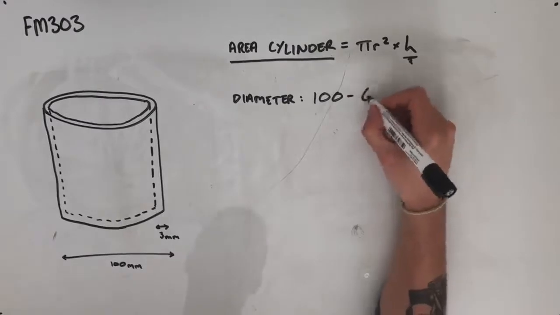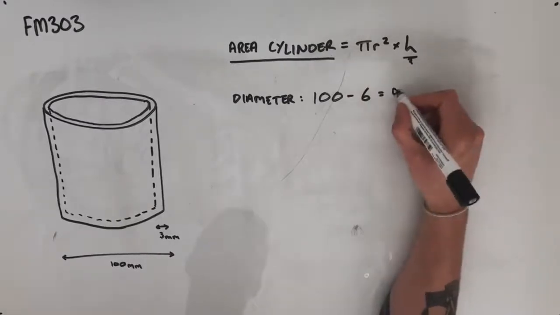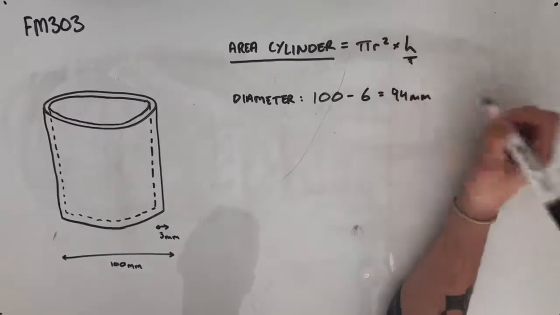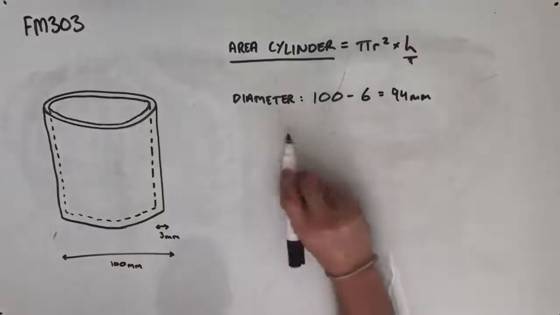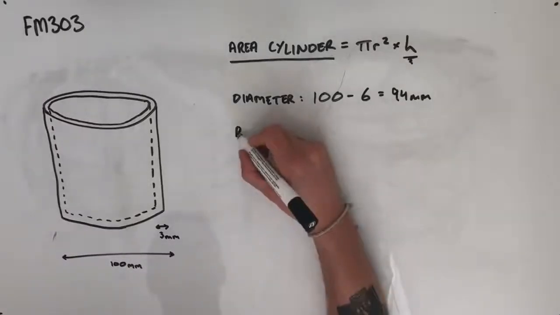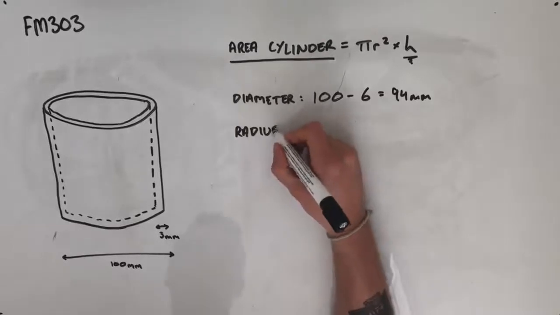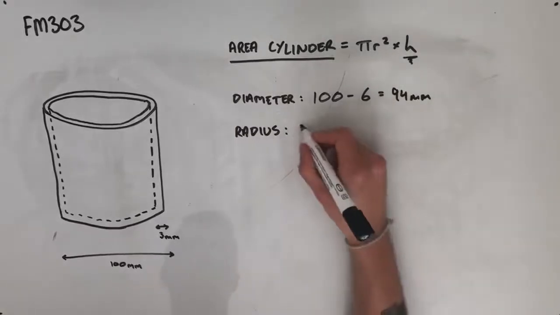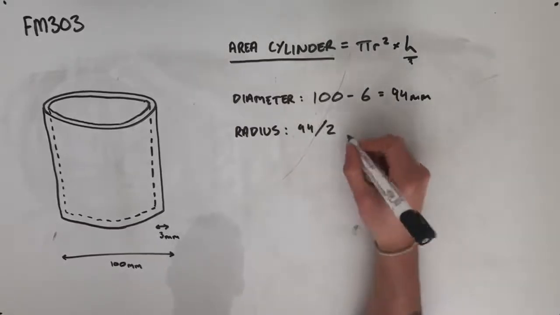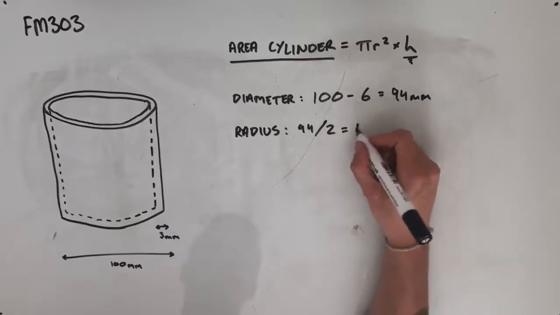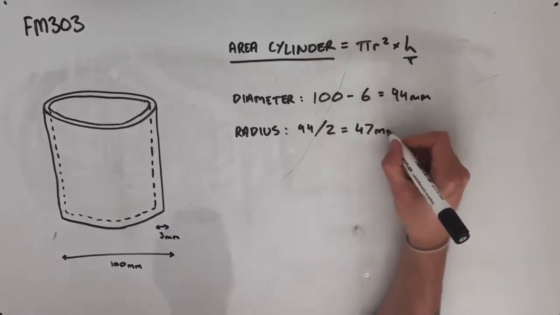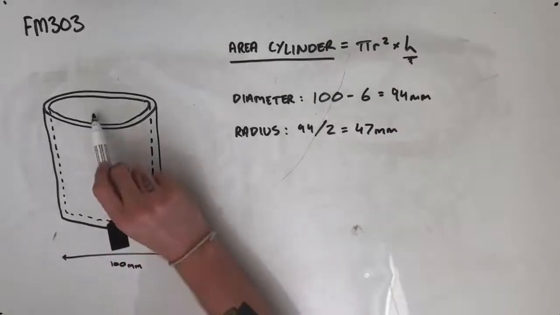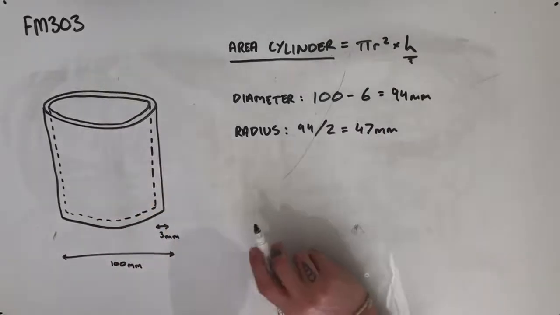So we subtract 6 from that to give an answer of 94 millimeters. Now remember that this is just the diameter, not the radius yet. In order to calculate the radius, we take that 94 and divide it by 2, which gives us 47 millimeters as the radius of our hollow section.